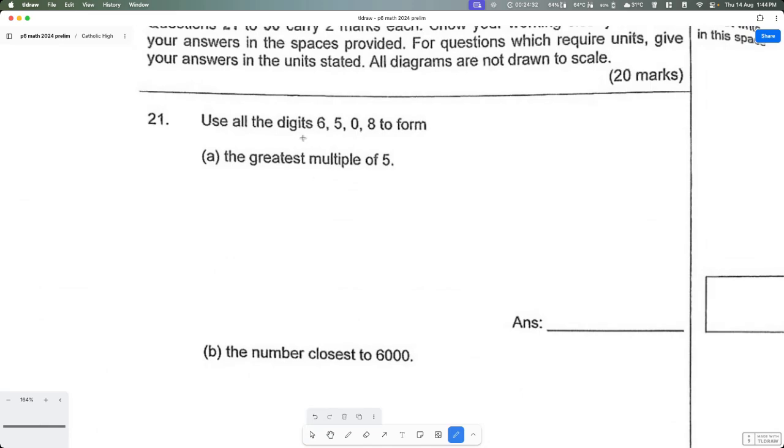Use all the digits 6, 5, 0, 8 to form the greatest multiple of 5.